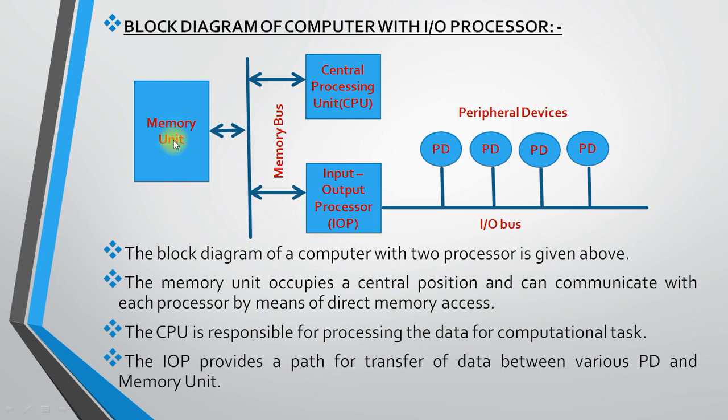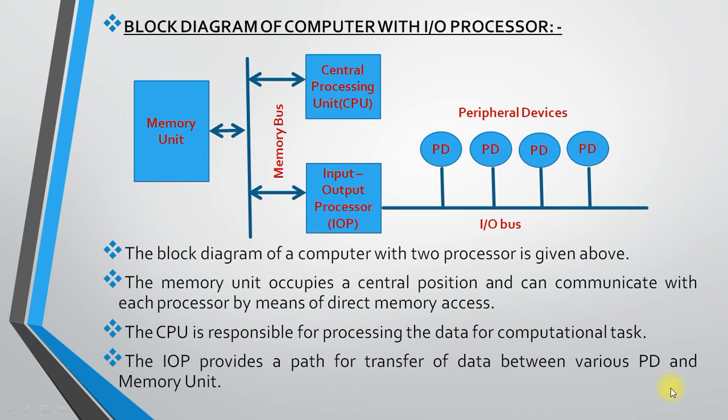The memory unit is a middle or central position through which you can directly communicate with the two different processors. The first processor is the CPU, which can be used for computational purposes, and the other processor is the IOP. Using the IOP, you can have different paths which are connected with the peripheral devices and with the memory unit.